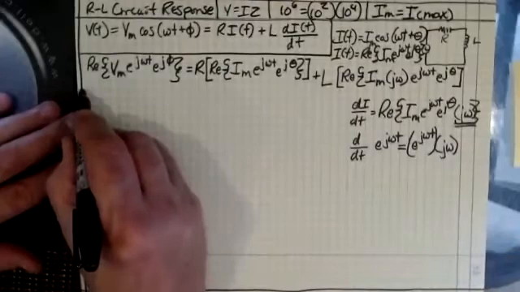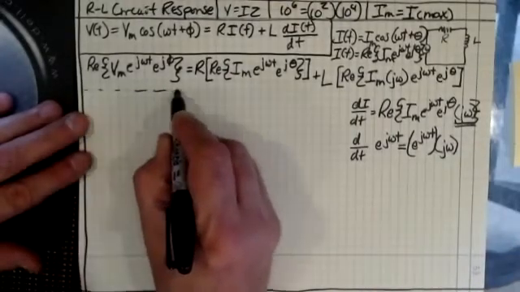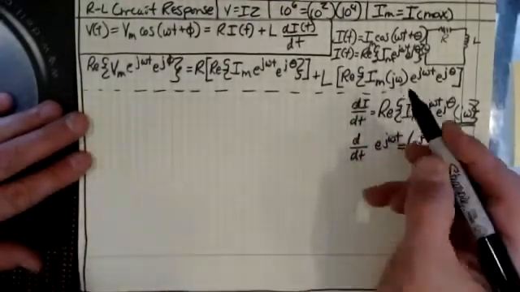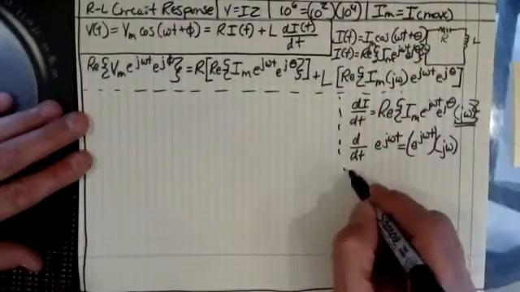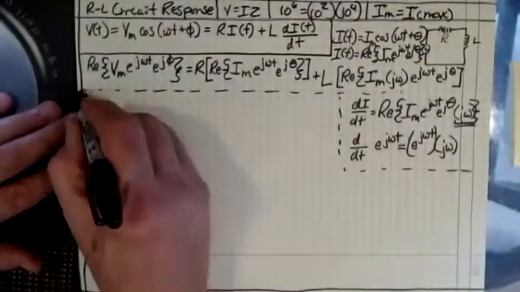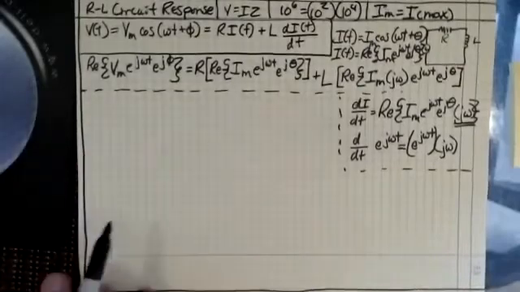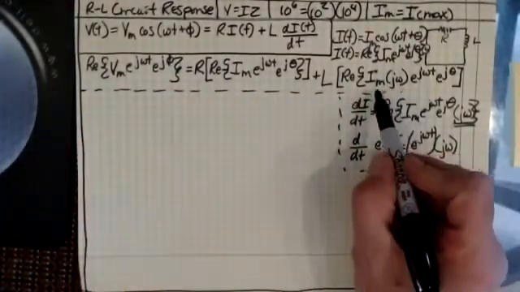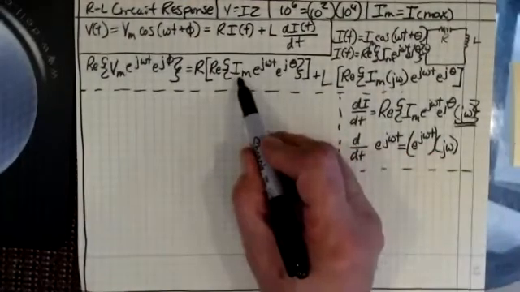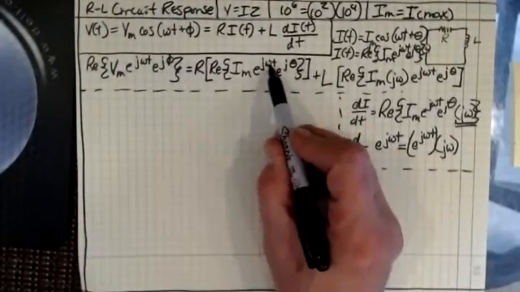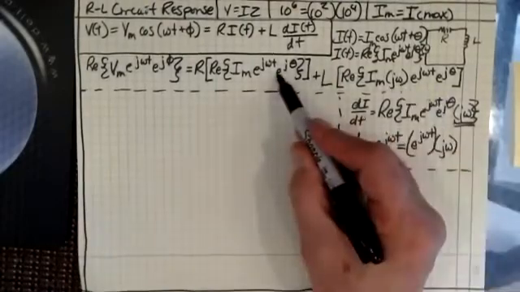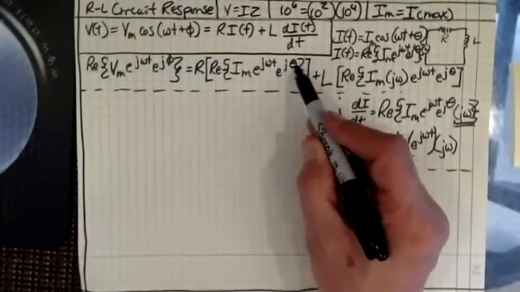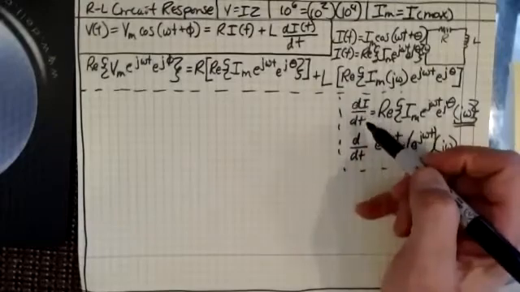I'm going to put a line across here. We're still going to be continuing on, but I'm going to write it in a different form now, because I want to look at what is the same. The I maximum is the same. E to the j omega t is the same. E to the j theta is the same.